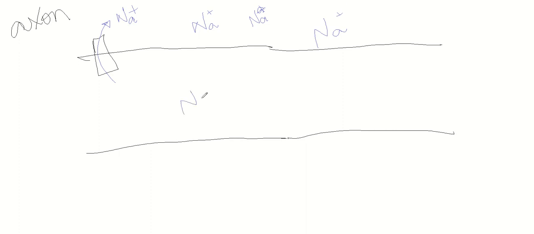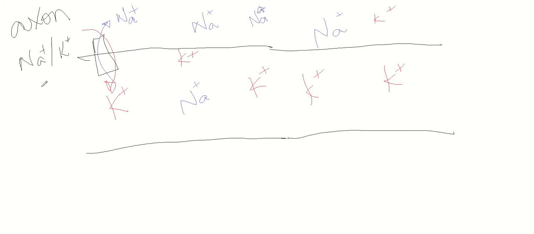The occasional sodium in here, but not very much. And what goes in through the sodium-potassium pump are potassium ions. So we end up with lots and lots of potassium inside the cell and very little outside the cell. All right, so that's our sodium-potassium pump there. We'll call that sodium-potassium pump.